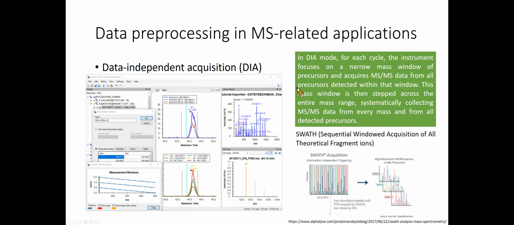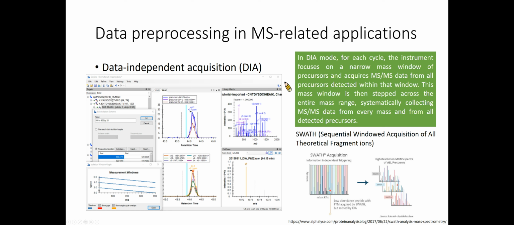In DIA, the mass spectrometer collects a full mass spectrum for each scan, and the resulting data is used to identify and quantify peptides and proteins in the sample. DIA does not rely on pre-specified targets, and instead, the entire mass spectrum is used to identify and quantify peptides, allowing for a more comprehensive analysis of complex samples.